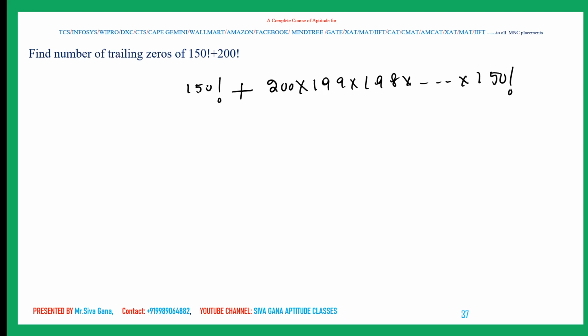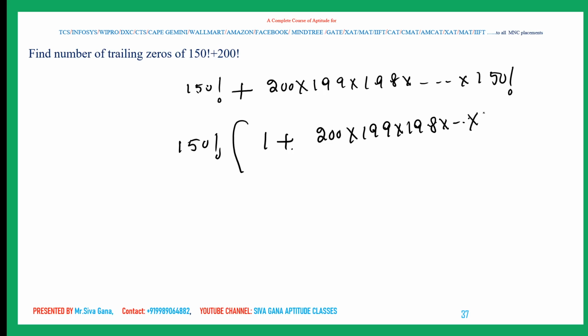So if we take 150 factorial as common, we get 150 factorial into (1 plus the rest of the product 200 into 199 into 198 and so on up to 151).